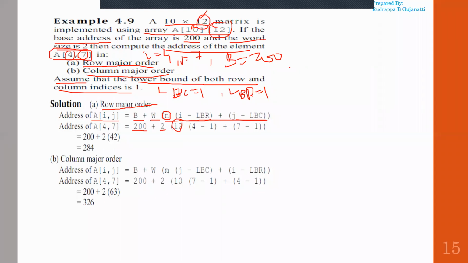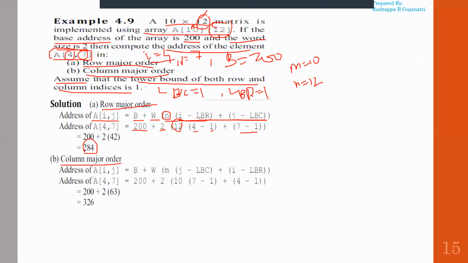In this case M is 10 and N is 12. So 12 multiplied with I, which is 4, minus LBR which is 1, plus 7 minus 1. Here you get the address of that element as 284.